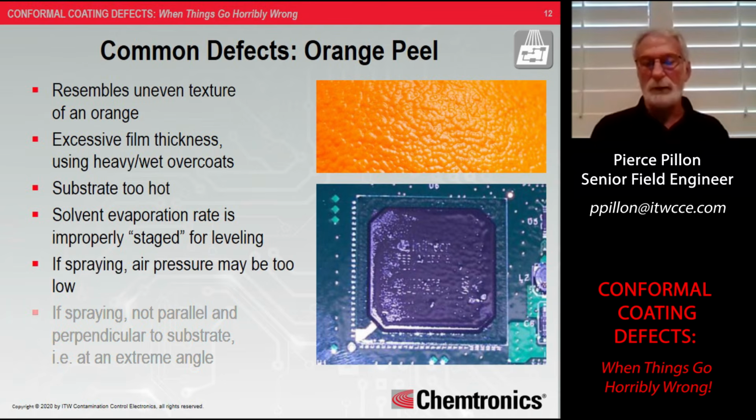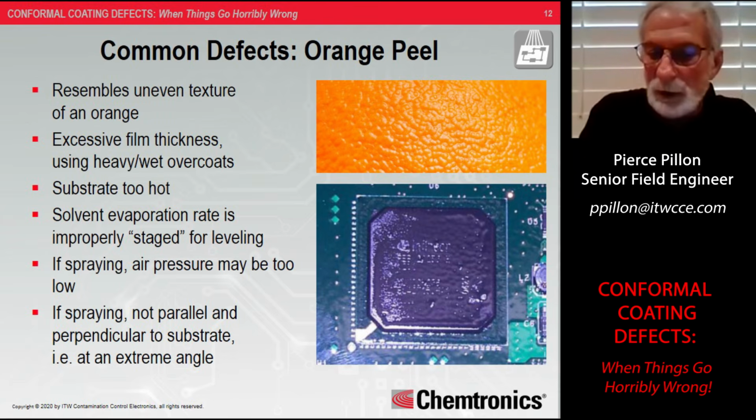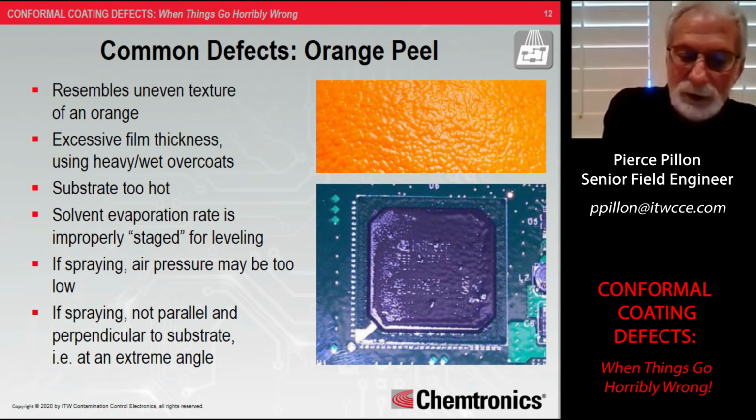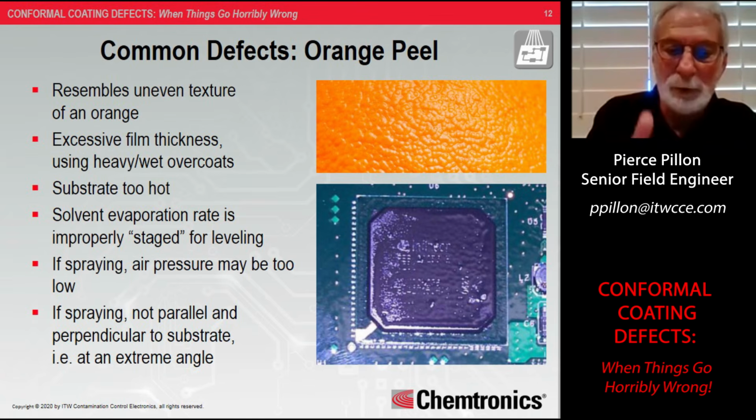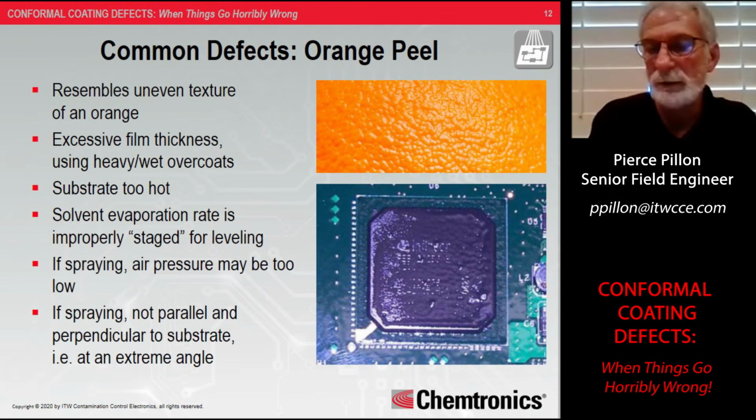If you're spraying, especially spray guns, pressure too low can cause this. Again, if you're spraying, your passes across that board must be parallel to each other and at the same distance with a slight overlap. And they have to be perfectly perpendicular to the substrate.